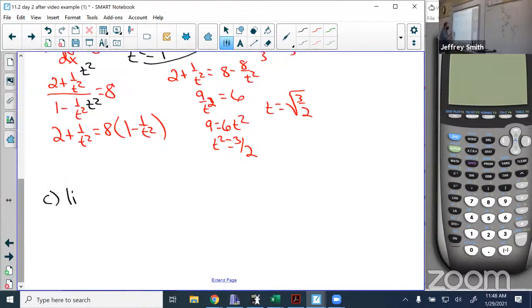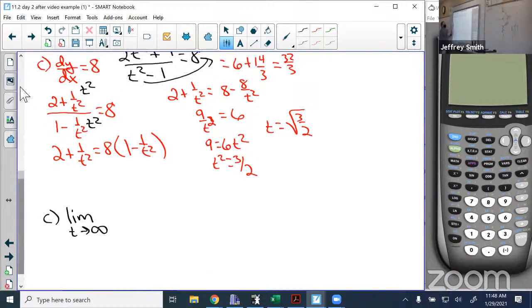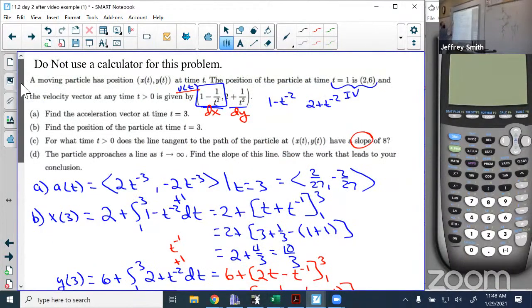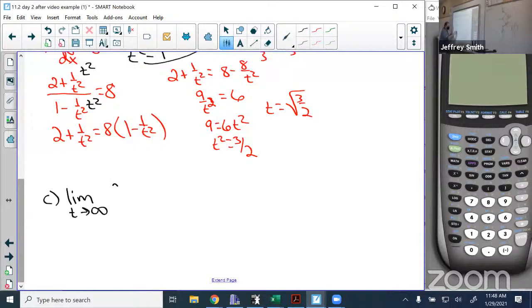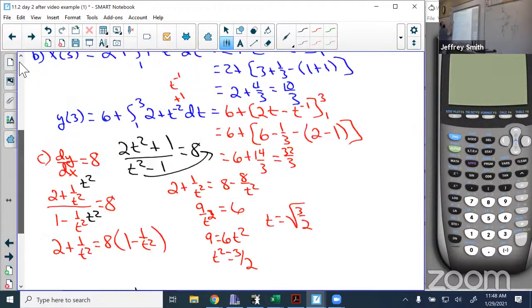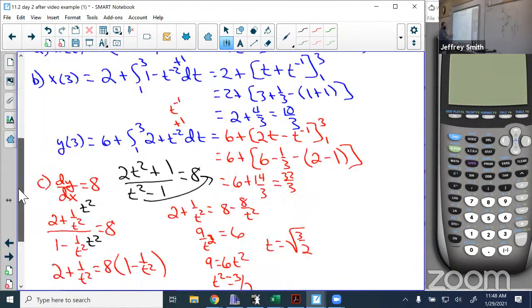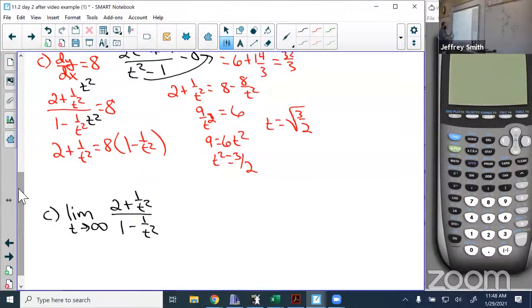C, the limit as t approaches infinity of the slope, 2 plus 1 over t squared over 1 minus, is that what it is? It's letter D. 1 minus, what is it? Letter D. You could see it. Oh, D. Yeah, that's it right there. That's the setup.